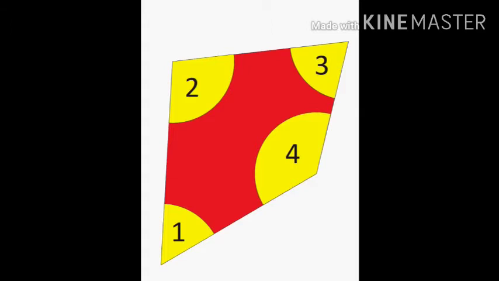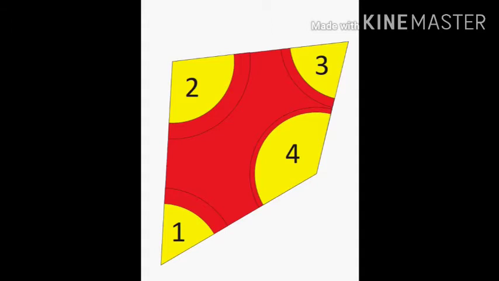Now you have to mark the angles of this quadrilateral and name them as angle 1, angle 2, angle 3 and angle 4 as shown in the figure. Fill them with the same color. Here I have used yellow color. You can use a color of your choice.